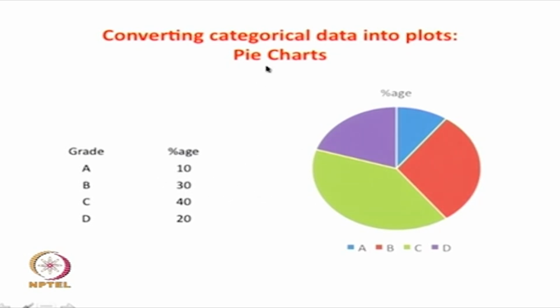Okay. But so, pie chart is easy to represent, easy to understand, but it has its share of problems. So, we need to know what are its problems. So, imagine in this case there are only 4 grades. So, there are 4 categories, it is easy to come up with the pie chart. Imagine a situation where there are 25 different categories possible. So, in other words, each of these percentage areas will keep on shrinking and shrinking.